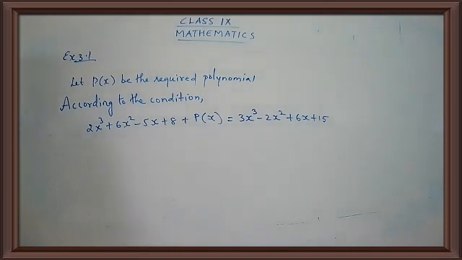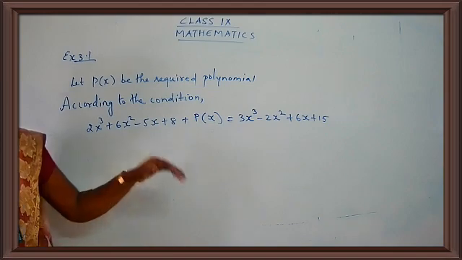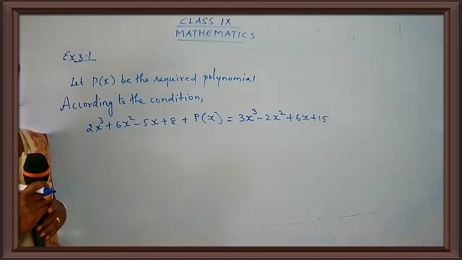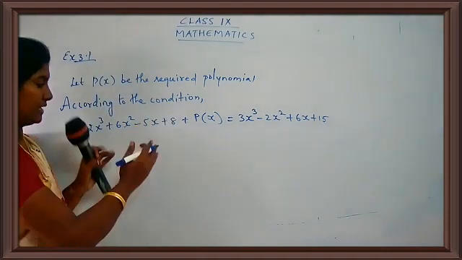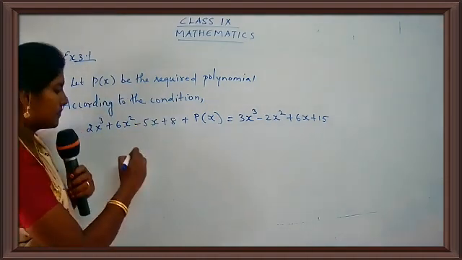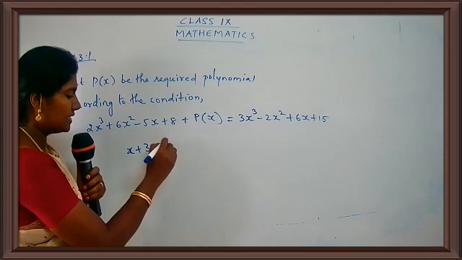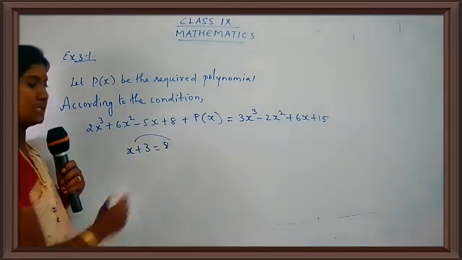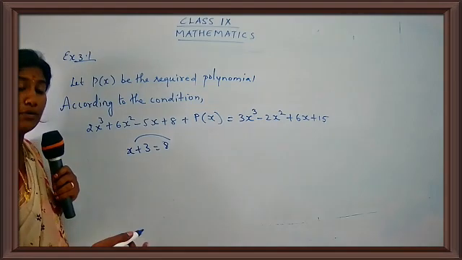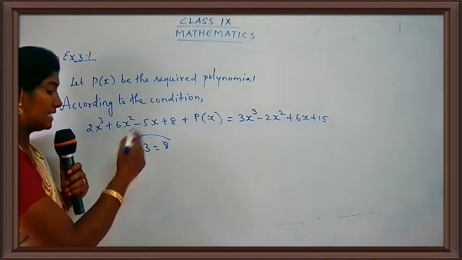Now, before we go to the sum, let me tell you, we have already seen this in our lower classes. If you are shifting a number from LHS to RHS, we have certain rules to be followed. Suppose everything is on the LHS, I'll give you some numbers. If you have x plus 3 is equal to 8, and I want to shift this plus 3 to the RHS side, I have to change the plus 3 to minus 3.